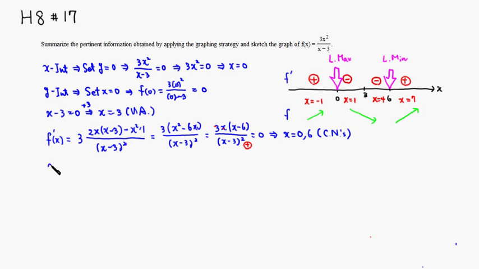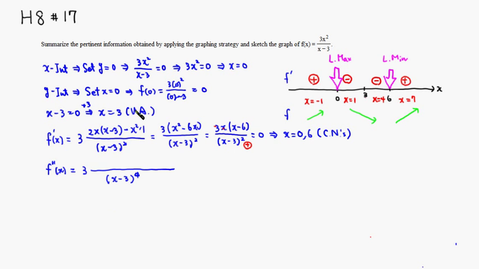So f double prime of x is equal to, in this case 3 is just a constant multiple, so I put that there. Then again we use the quotient rule. Square the bottom, so you're going to have x minus 3 already squared, so it's going to be to the 4th power.